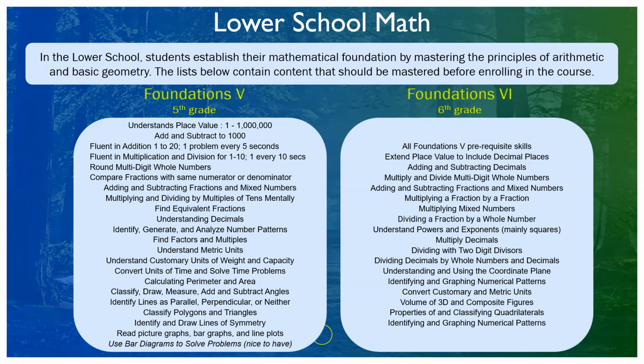They'll be dealing with decimals a lot in this year and fractions with mixed numbers. So being able to add and subtract pretty quickly, multiply pretty quickly. Here we have multiply digits 1 through 10, every 10 seconds. So being able to do those things pretty quickly is pretty important for the next level of math. But that is how you would read each of the bubbles. So just pause the video if you need to read the bubbles as I go through the program.